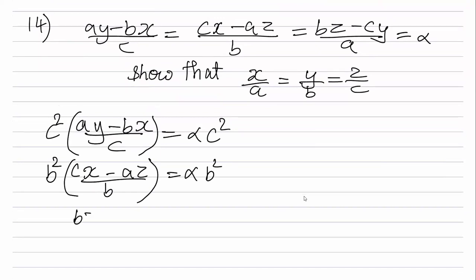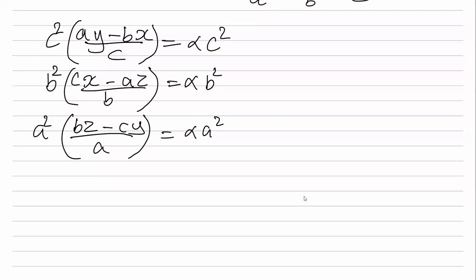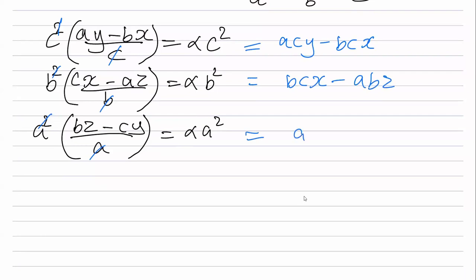And over here, bz minus cy upon a, we multiply both sides by a square, alpha a square. And now over here, one c, one b, one a will get cancelled off. And what I'll be left with is acy minus bcx. This will be equal to bcx minus abz, and this will be equal to again abz minus acy.